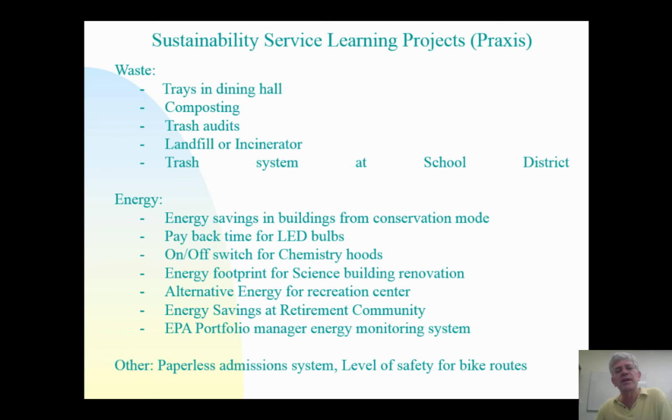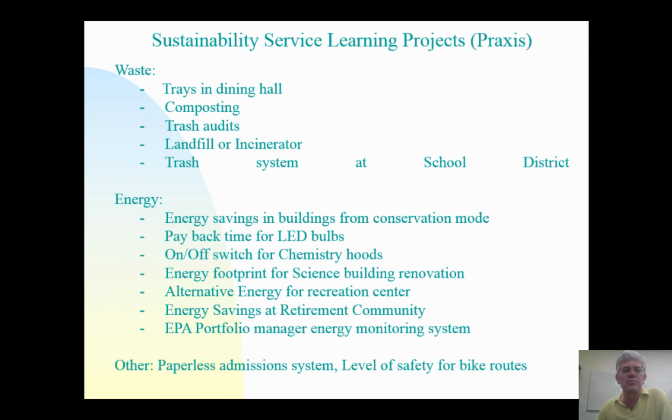Since we pay by the pickup and by the size of the trash dumpster, if the dumpsters are not being fully utilized, maybe we could have fewer pickups per week, or maybe we could have smaller dumpsters, and that would save the college money. So the trays led to the examination of composting, led to a trash audit where students worked with the facilities department to measure every day, several times a day, how full the trash dumpsters were.